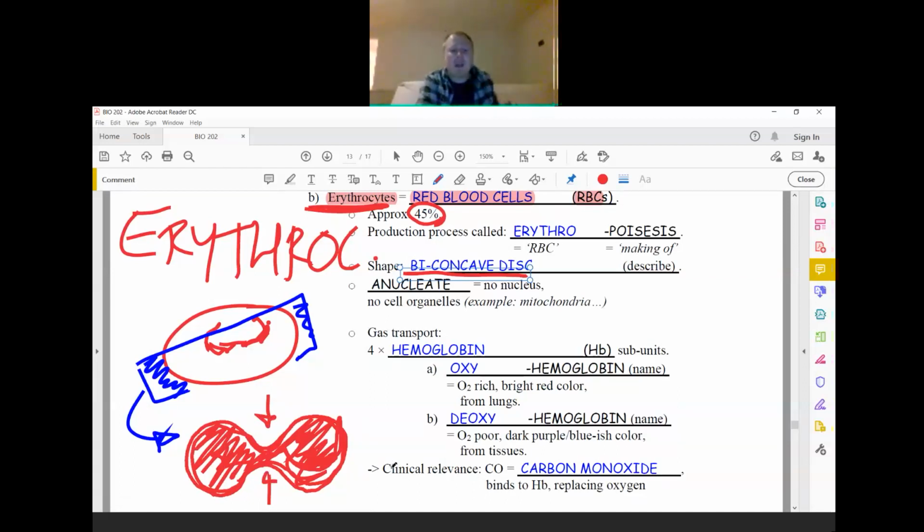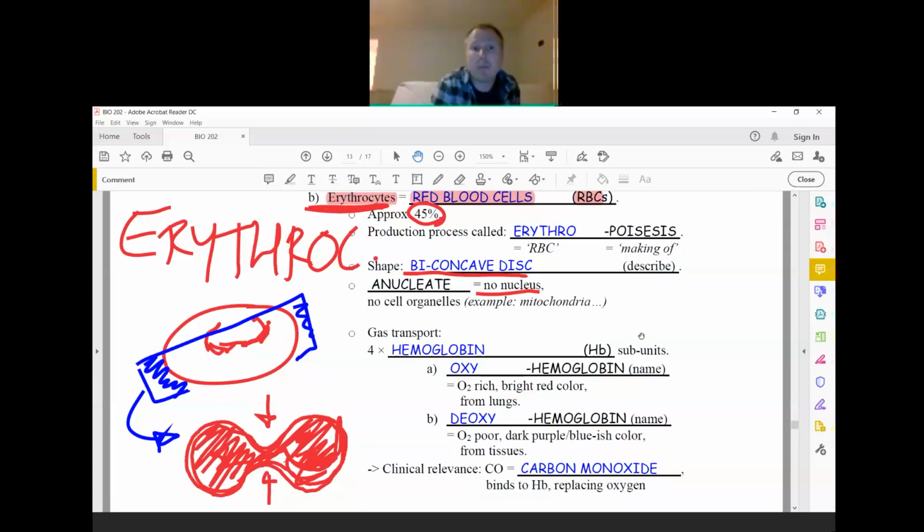Another thing that's probably quite interesting about the red blood cells is that we call them anucleate. That means that they don't have a nucleus. But that doesn't really add up with what I've told you before, because I've said to you before that all cells have a nucleus. Well, red blood cells did have a nucleus back in the day during their maturation process, but then that nucleus is removed from the red blood cell.